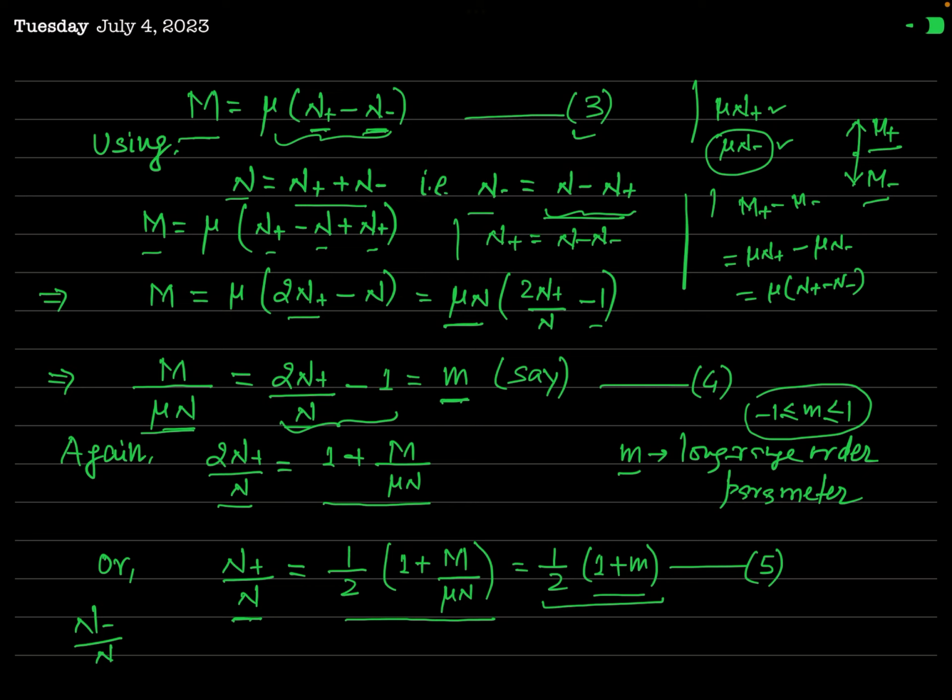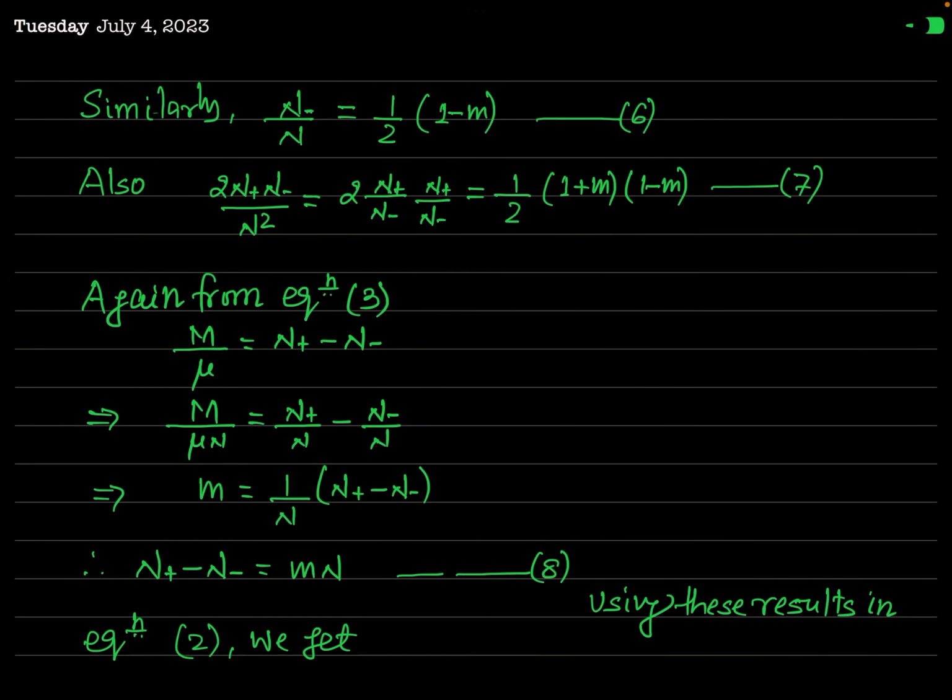So the expression for n minus by n you can write directly by induction on the basis of equation 3. I have not actually made the calculation. You can do it if you want, but you can write the expression for n minus by n just by observing the value of n plus divided by n defined in equation 5, and that will be simply equal to 1 over 2 times 1 minus m.